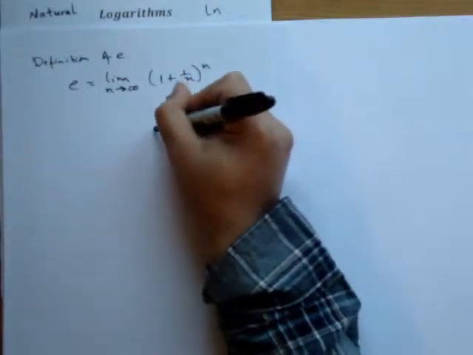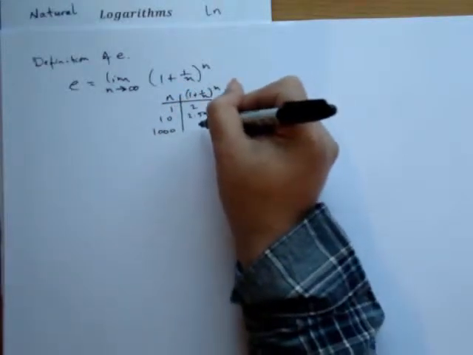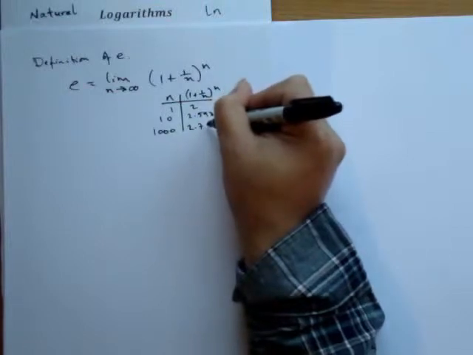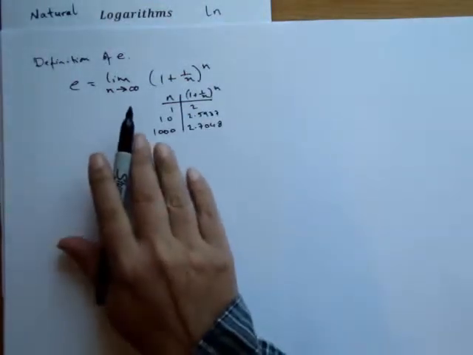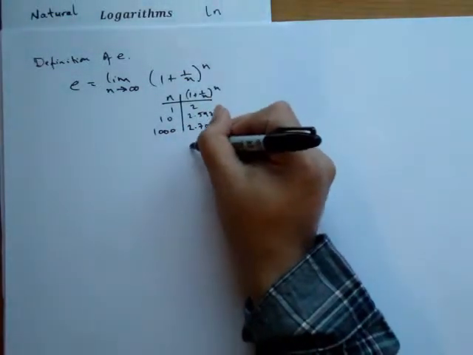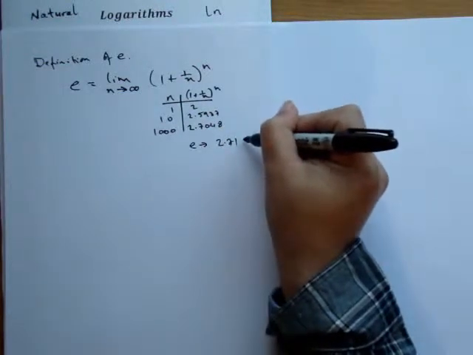If we put a very large number, say going towards 1,000, we get 2.7048, and as n tends to infinity, e tends towards 2.718.